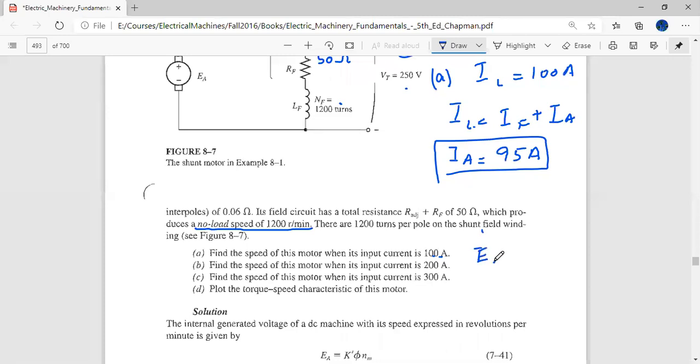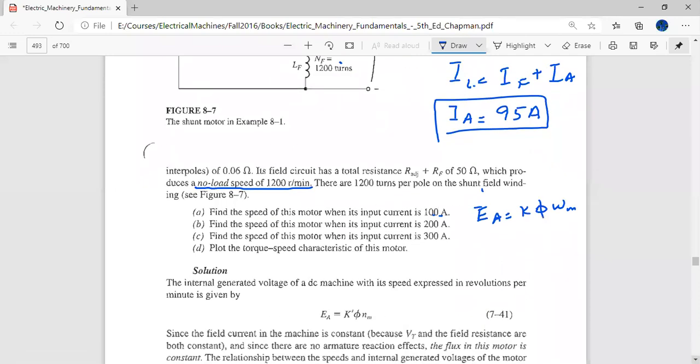that EA is a function of K times phi times omega m, which is the speed of the rotation. Okay, and it says that when the input current is 100 amperes, what is the speed? Okay, now there's a very important fact that we must always remember.